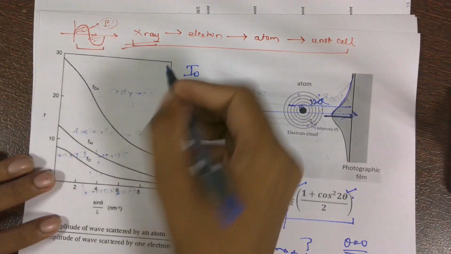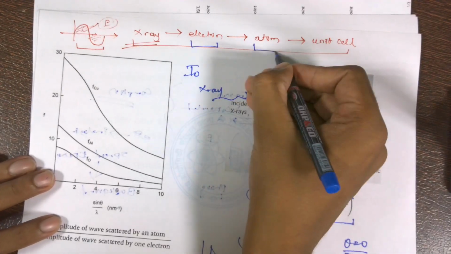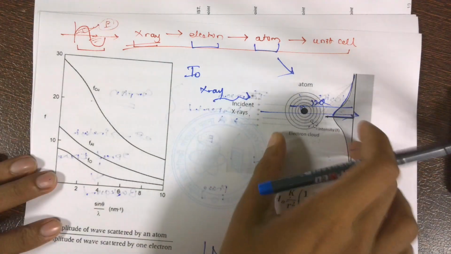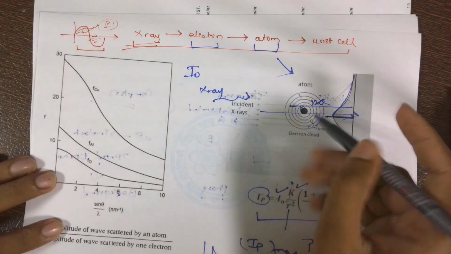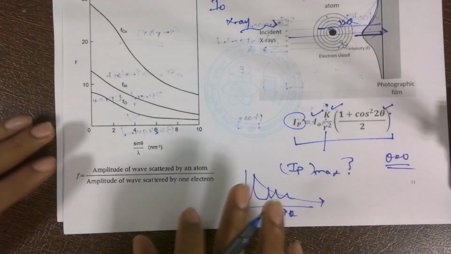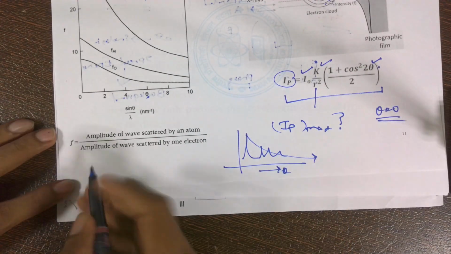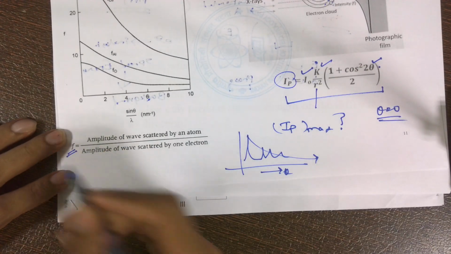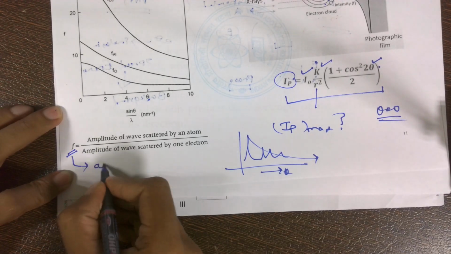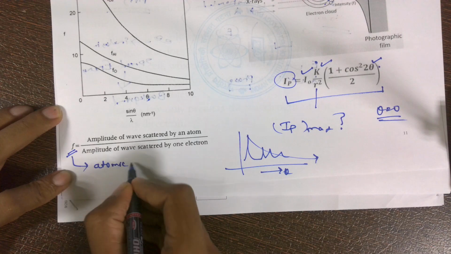So till now, what we discussed was about the electron and about the atom. So this was about the atom, how an entire atom is going to interact. The intensity you are getting from an atom will be something like this. So now over here we can say that the amount of scattering that you are getting from an atom is the atomic scattering factor.